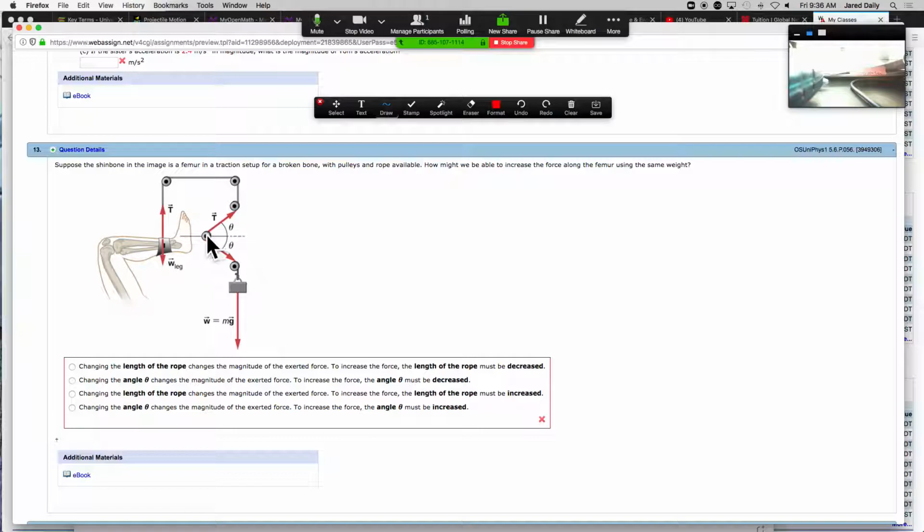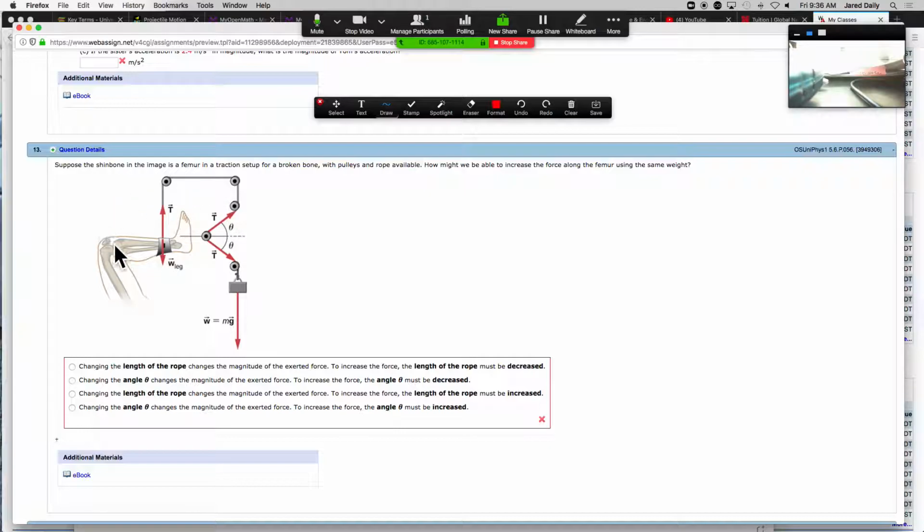And it's the horizontal component of each of those tensions that's actually pulling. The upward part of this tension and the downward part of this tension cancel each other out and don't really pull on the foot at all. But the x components here, so if you take this tension times the cosine of theta and multiply it by 2, because it's the same angle and the same tension on both sides, then you'll get the amount of tension pulling on this foot.